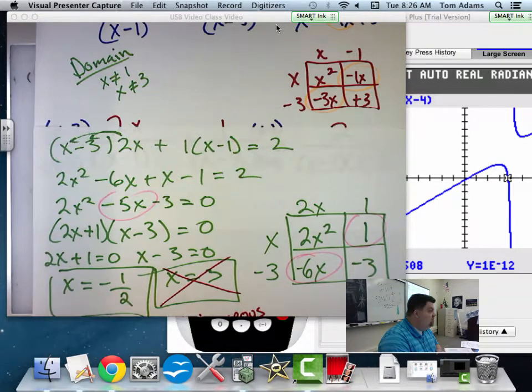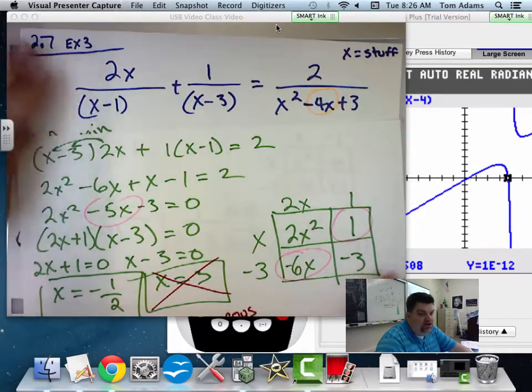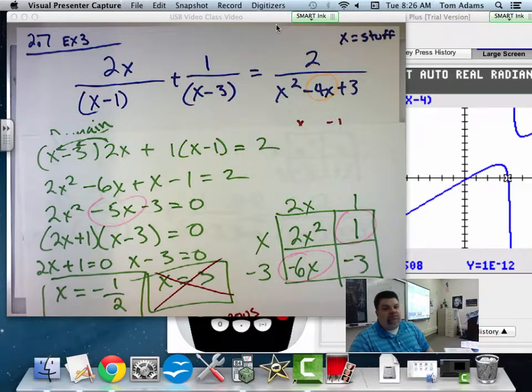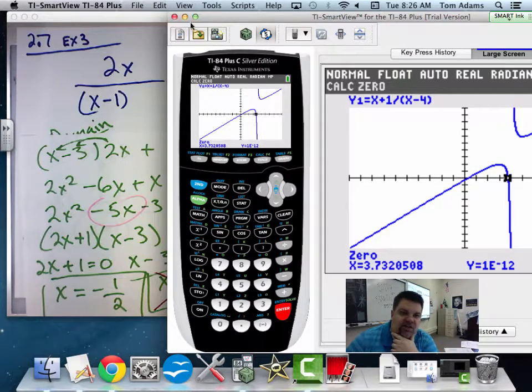So now I really just need to make sure that negative 1/2 works. Now I can take the negative 1/2 and plug it into this original equation, but man, that's a lot of work. Anybody got any suggestions on how to do that? Graph it? How might I enter it into the graphing calculator though?